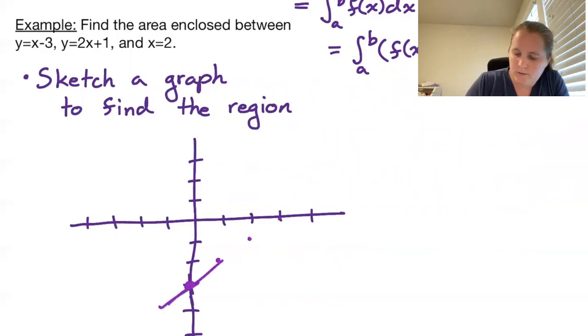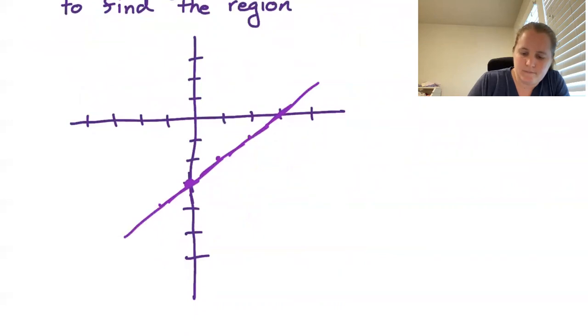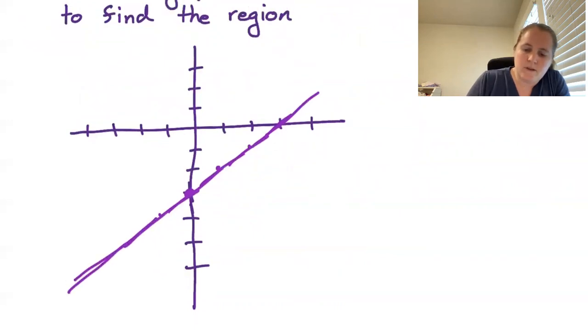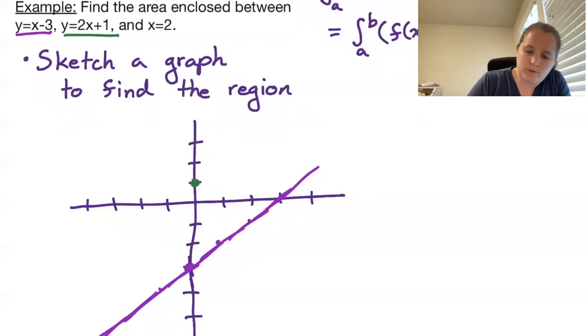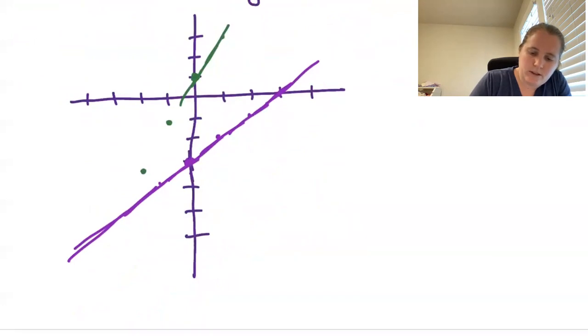So that first function, we're looking at something like this. Then y equals 2x plus 1. So y equals x minus 3, I did in purple. y equals 2x plus 1, let's do in green. So we have a y-intercept of 1, slope of 2. So we're looking like this.